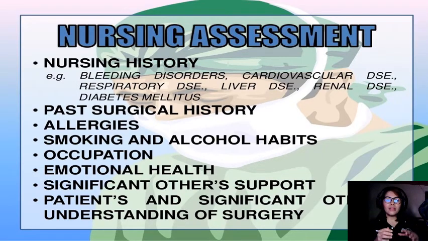If naabay family members or friends or even relatives ng patient before the surgery, kay, you know, you need to explain everything to the patient and to his or her significant others as well, so that na ay emotional support ang patient. And then, patients and significant others understand of surgery. So, if nakasabot ba ang patient and iyahang significant others, nganong kailangan siya mo undergo sa procedure, sa surgery.